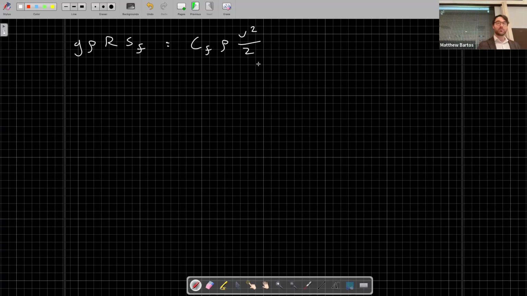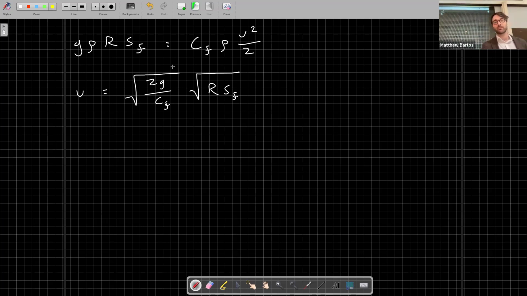And you'll remember that we could rearrange this expression for the velocity. It will be equal to the square root of 2g divided by this drag coefficient times the square root of the hydraulic radius times the friction slope.